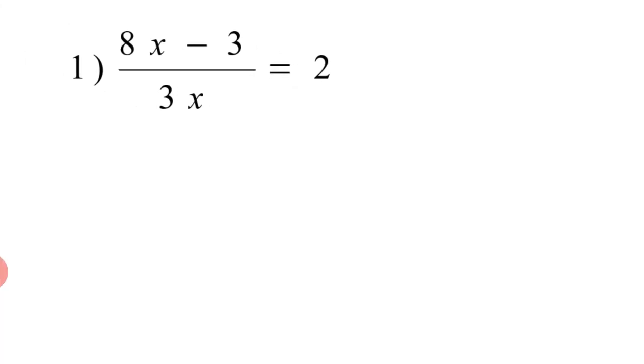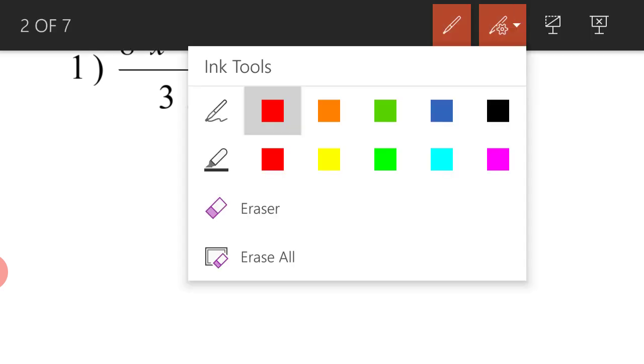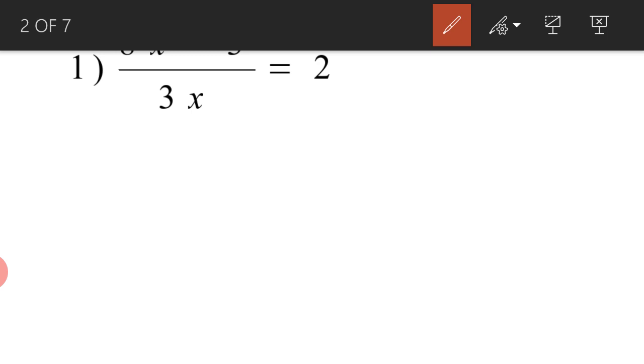Now see, a linear equation in one variable is identified by the power of the variable, and the power of the variable should be 1. But in this particular problem, the power of the variable is not 1, it is actually in the denominator, so it is minus 1. So can we say that this is a linear equation?